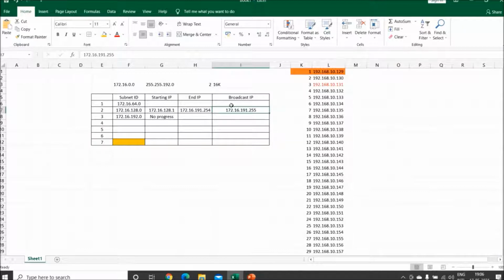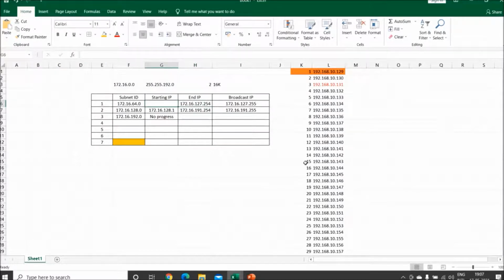Now in the same way we can fill it for the first line. 172.16.127.255 is the broadcast IP for that network.